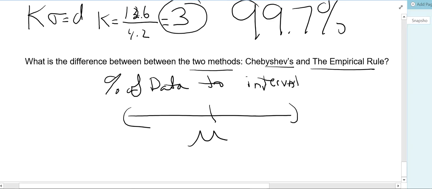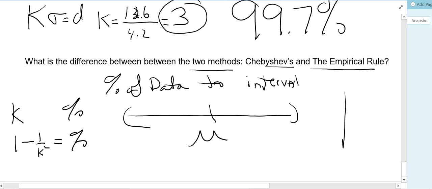So Chebyshev's relates k to the percentage by this formula here, right? Whereas the empirical rule has a table.